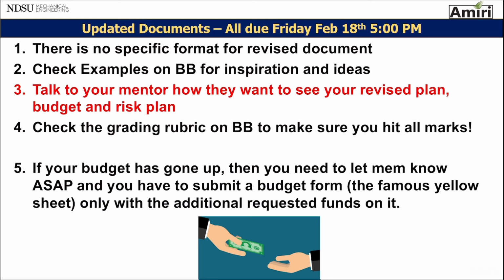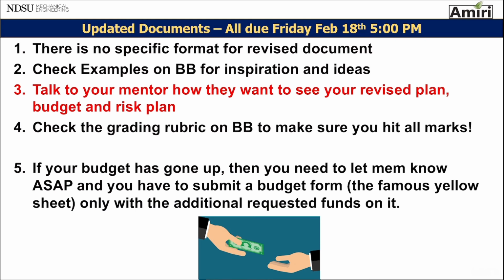If your budget has gone up compared to last semester, you need to submit your updated budget with a signed budget sheet again. That yellow sheet, or whatever color it was, that table that you put your budget in and your mentor signs and I sign.